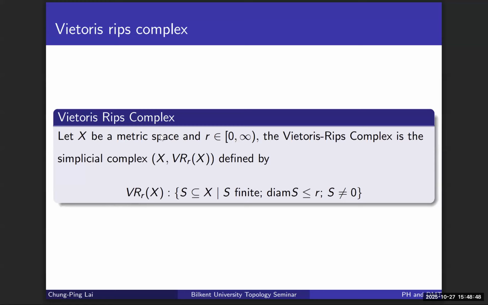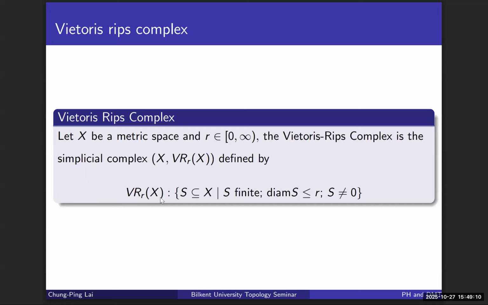This Vietoris-Rips complex is the filtration we obtain from the point cloud. The way the filtration works is that as you increase R, there will be more simplices.